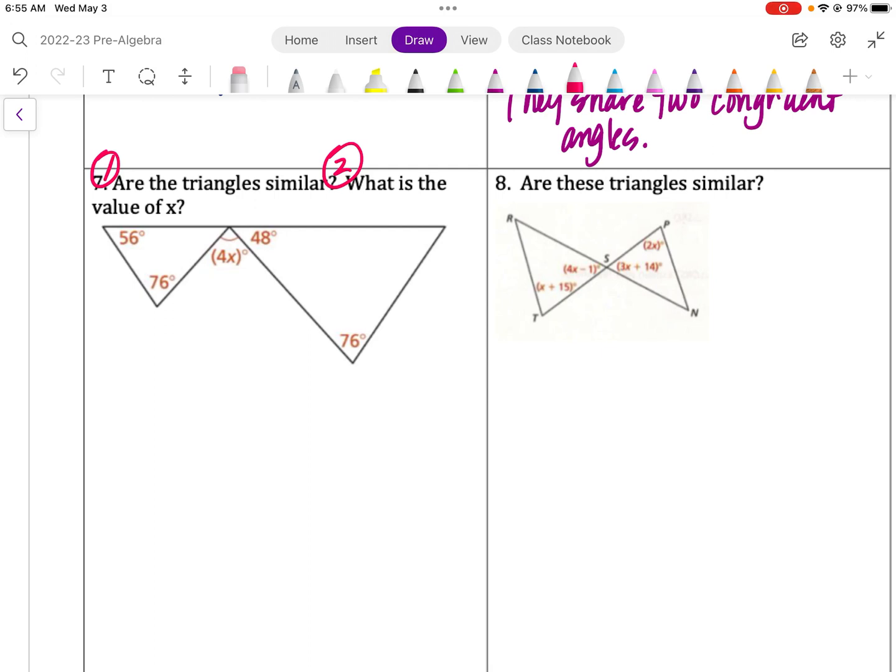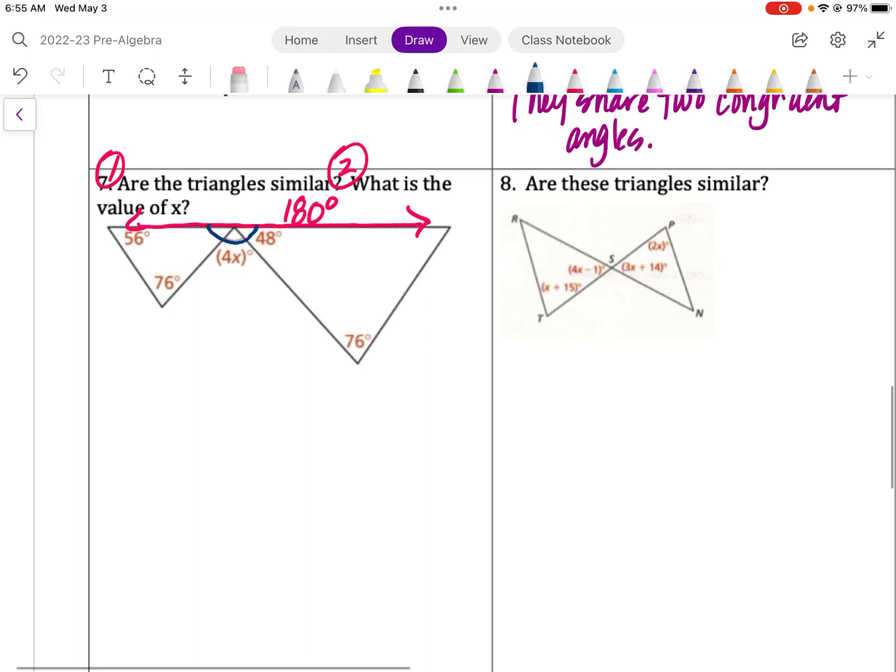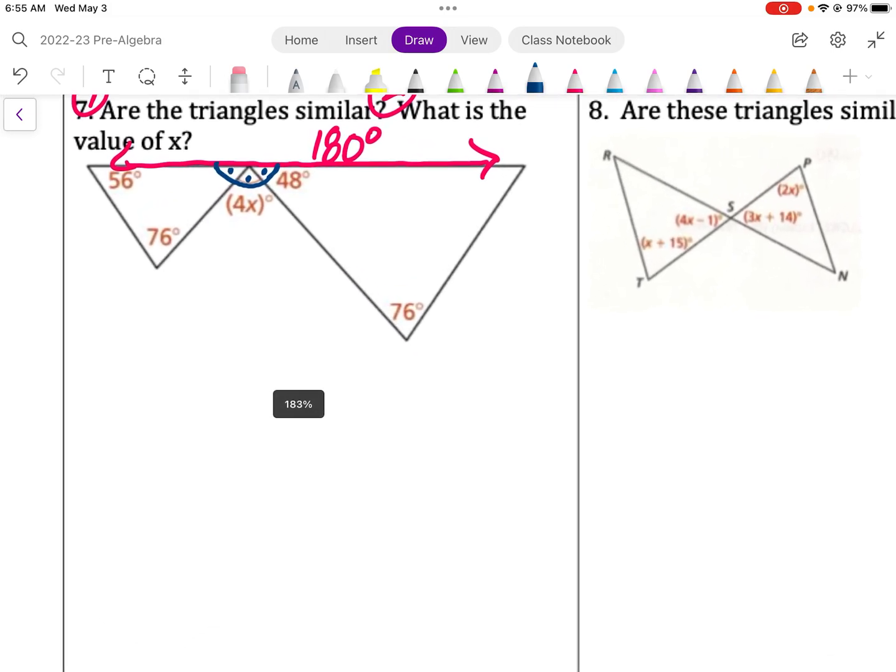One thing I'm noticing right away again is that I've got this nice straight line right here. Remember, straight lines have a measure of 180 degrees. So if I take these angles here, they have to have a sum of 180 degrees. There are three of them, all those little teeny tiny angles.